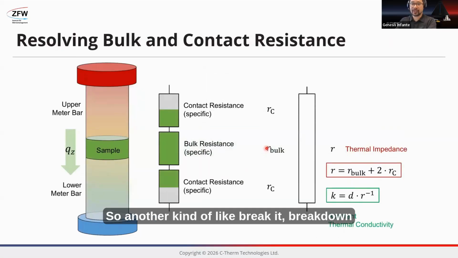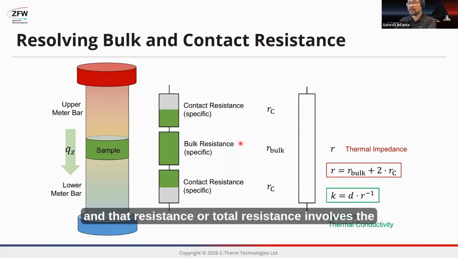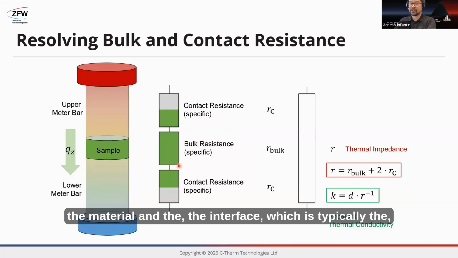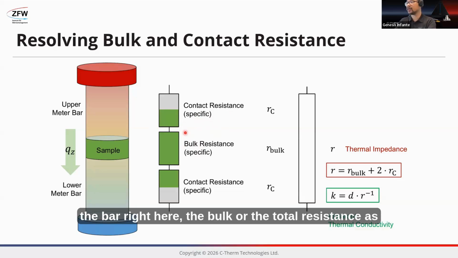Another breakdown right here: the direct output of the method itself is going to be resistances, and that total resistance involves the bulk resistance of the material itself and the contact resistance between the material and the interface, which is typically the bar right here.